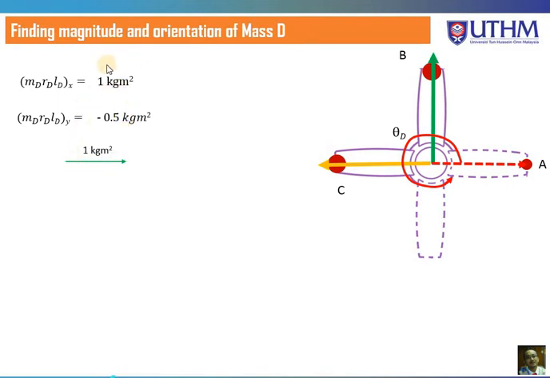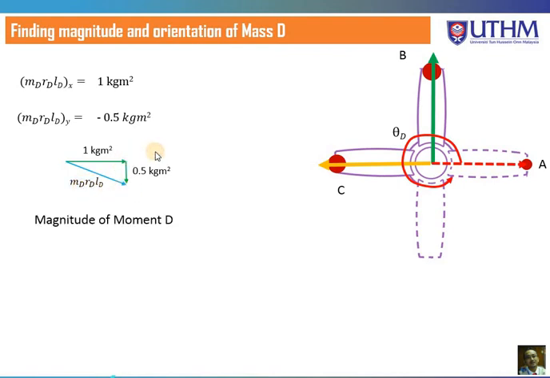First MRD, the moment at the x-axis, followed by the negative 0.5. This is the component of D at the x-axis. This is the component at the y-axis, and it is downward because of the negative value. The resultant is representing the magnitude of the moment of D.